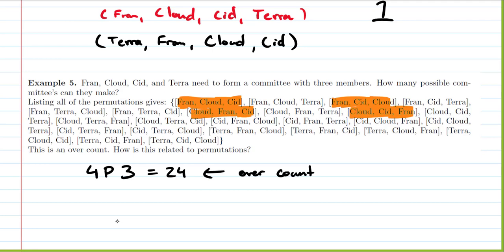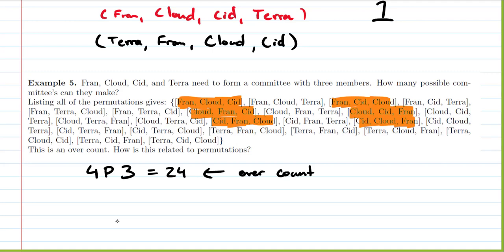No. Cloud, Tara, Fran. Nope. Cloud, Tara, Sid. Nope. Sid, Fran, Cloud. Okay, it's the same three people. Sid, Fran, Tara. Sid, Cloud, Fran. Okay. Sid, Cloud, Tara. Sid, Tara, Fran. Sid, Tara, Cloud. No. Tara, Fran, Cloud. No. Tara, Fran, Sid. No. Tara, Cloud, Fran. No. Tara, Cloud, Sid. No. Tara, Sid, Fran. No. And Tara, Sid, Cloud. No. All right, so we found 6 of them that contained Fran, Cloud, and Sid.